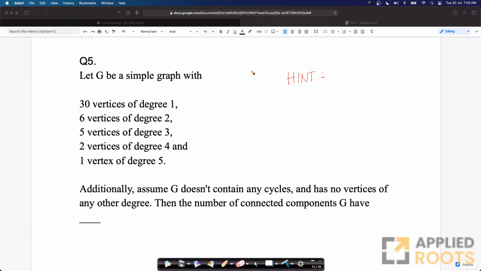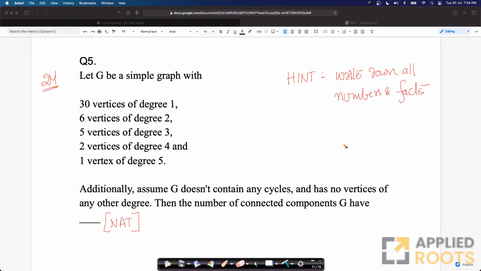This is an NAT. It's a good 2 marks numerical answer type. This is not a trivial question, obviously.